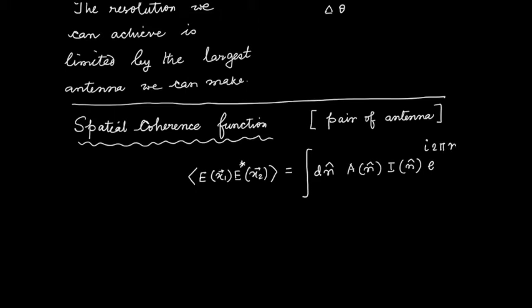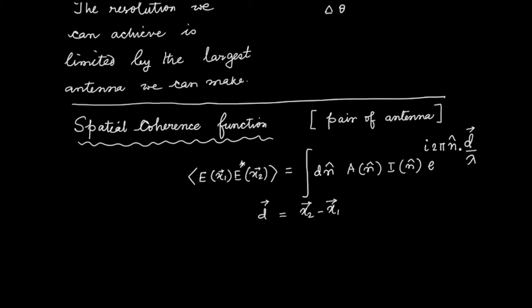So let me write it this way: n cap dot d by lambda. Okay, so this is the spatial coherence function, and you can see, just like the temporal coherence function, this also depends on d only. So d is nothing but x2 minus x1, which is the difference between the two positions of the antenna.